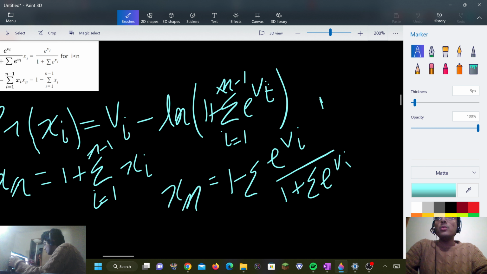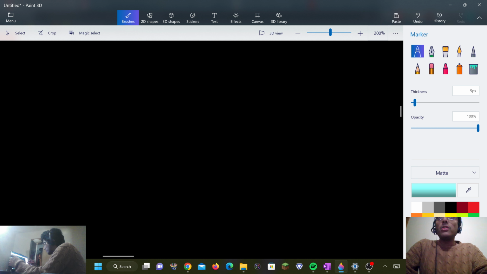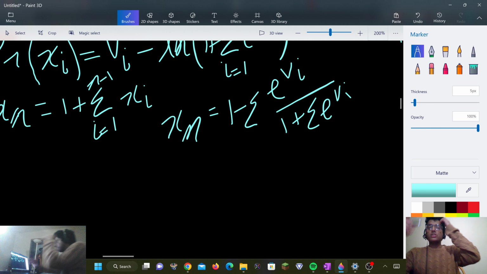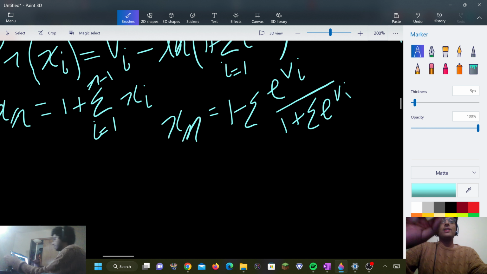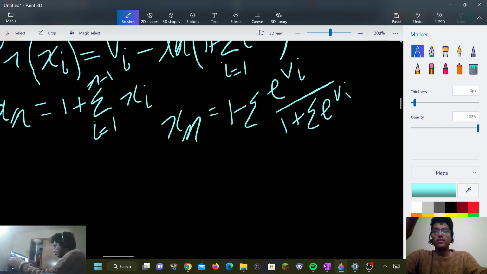How do we simplify this? The only things we care about in a summation are what we're actually summing, what's actually changing. The denominator here is a constant, because the summation of e to the v_i is a number and 1 is a number, so we can pull that out.